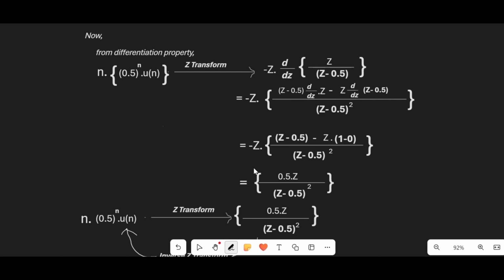That means the final result is that the Z transform of n into 0.5 to the power n into u of n is 0.5 of z divided by (z minus 0.5) whole square.